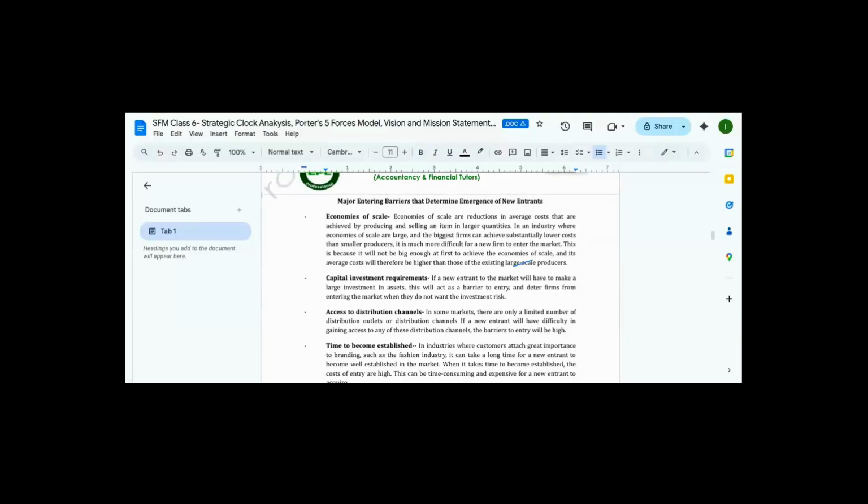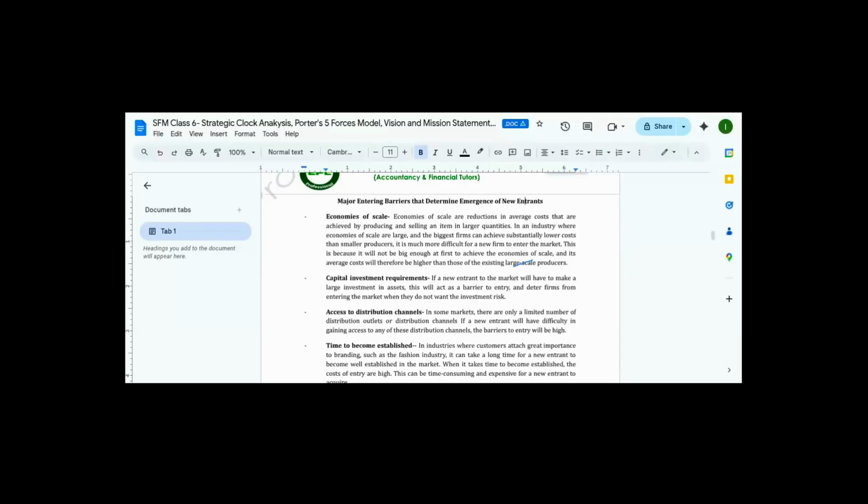So apart from this, let me give you this as added knowledge on new entrants and what Porter said about it. Apart from placing a high entry barrier to limit the emergence of new entrants, there are some major entry barriers that determine the emergence of new entrants.